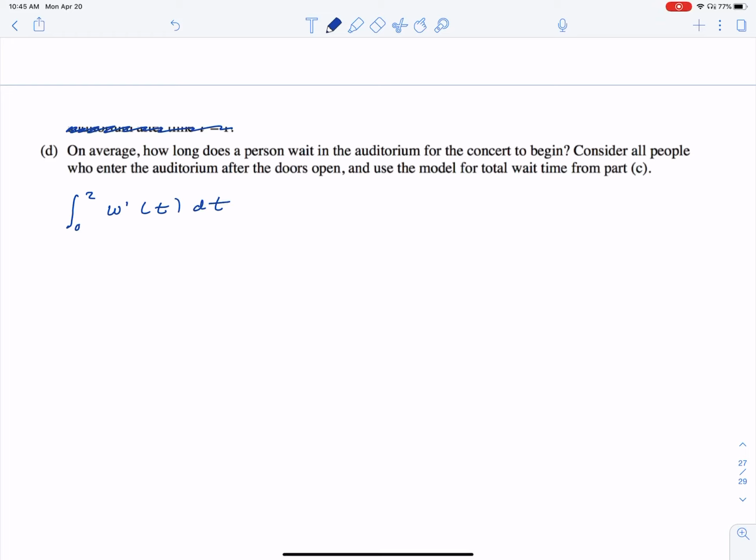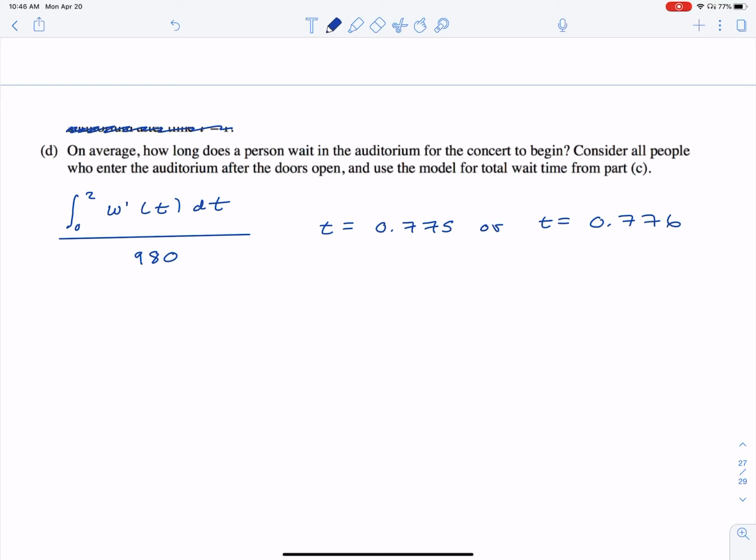That's going to give me the total wait time for the people from time 0 to 2, and then I'm going to divide that by the total number of people, which was 980. When you do that, you get t equals either 0.775 or 0.776.